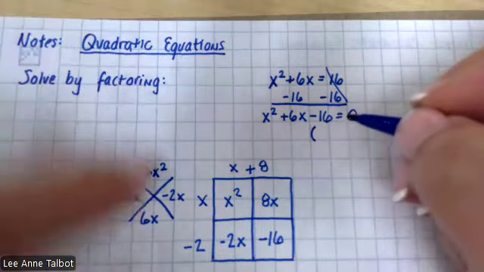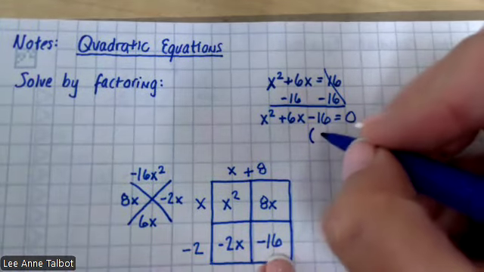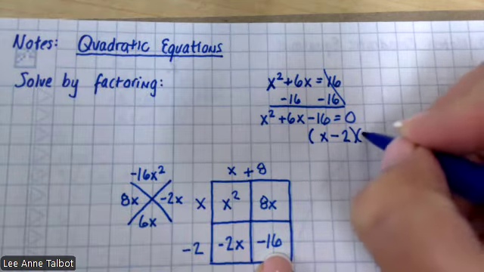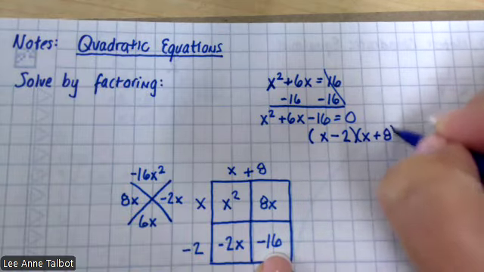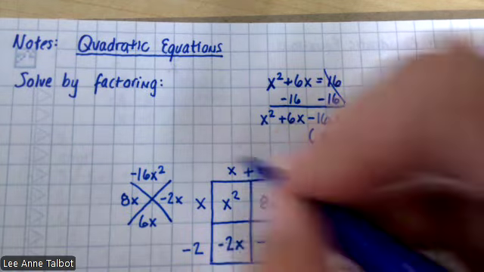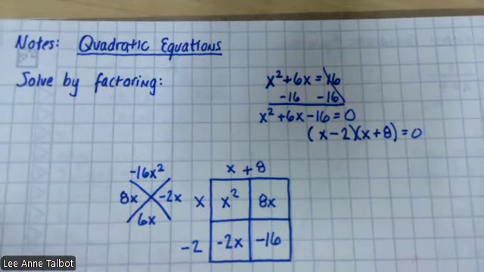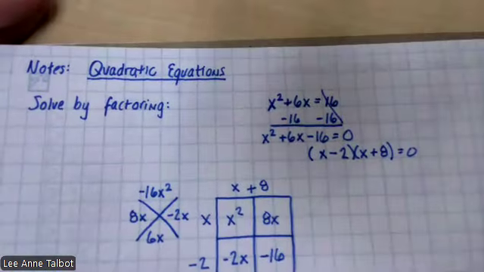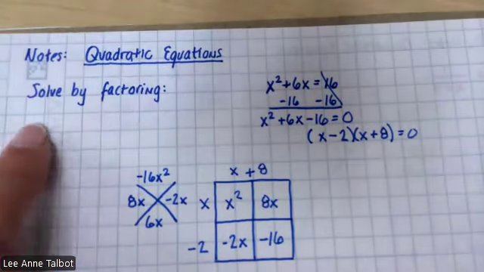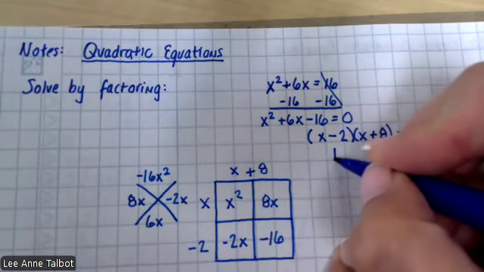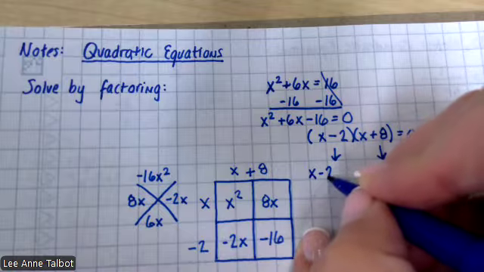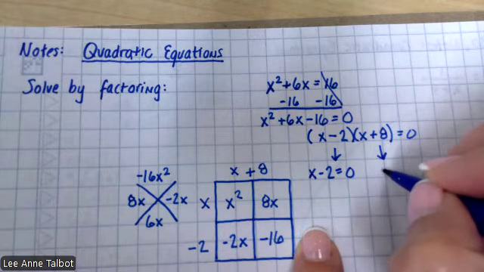Okay, and the next step in the problem is to write the two factors from the box. You guys okay so far? Okay, now because it says solve, we do the zero product property step. So x minus 2 equals 0.